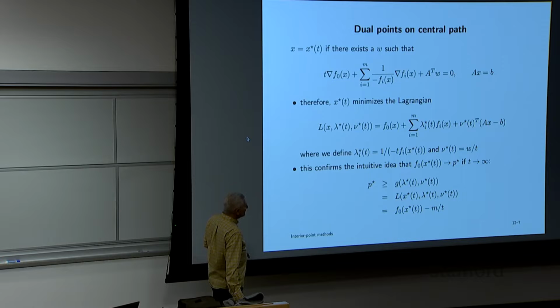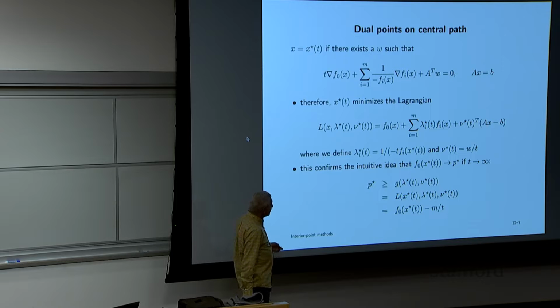Okay. Well, this is kind of cool, because if you have a point that minimizes the Lagrangian, that means you just evaluated g, the dual function. And if you evaluate the dual function at this particular lambda and this nu, you just work out what it is. It's just the Lagrangian of this.